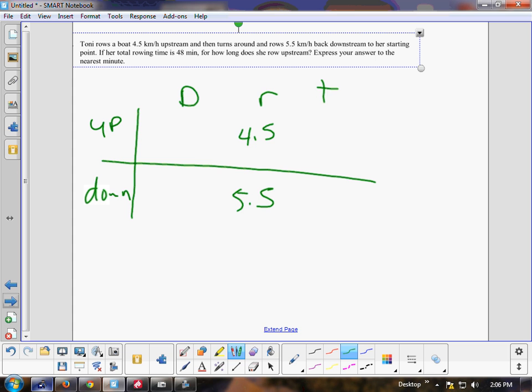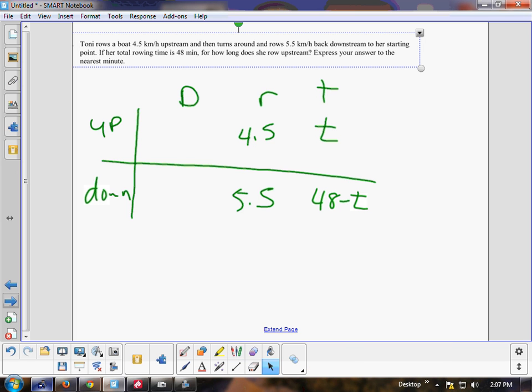If her total rowing time is 48 minutes, for how long does she row upstream? Express your answer to the nearest minute.